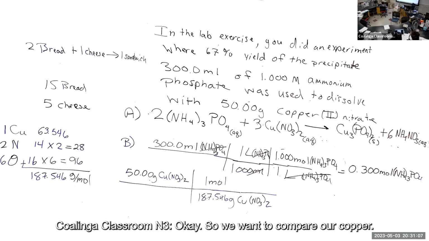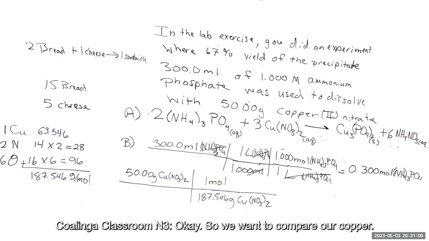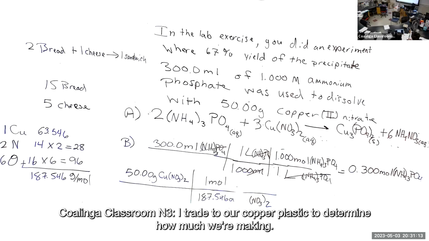Copper phosphate is our precipitate. So we want to compare our copper nitrate to our copper phosphate to determine how much we're making.